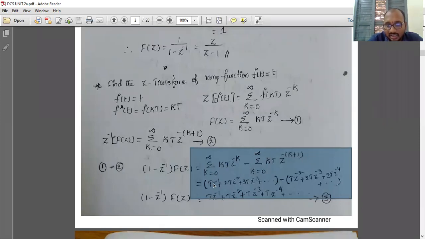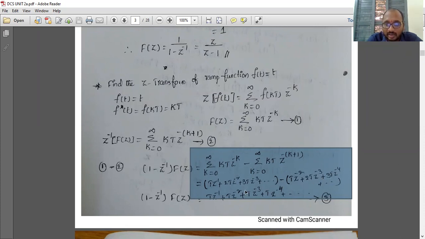First term value is 0. If k is 0, the entire term is 0. If you put k is equal to 1, it becomes T into z power minus 1. If you put k is equal to 2, it becomes 2T into z power minus 2, and so on. Next, in the second expansion also, we get T into z power minus 2, plus 2T into z power minus 3, and so on.